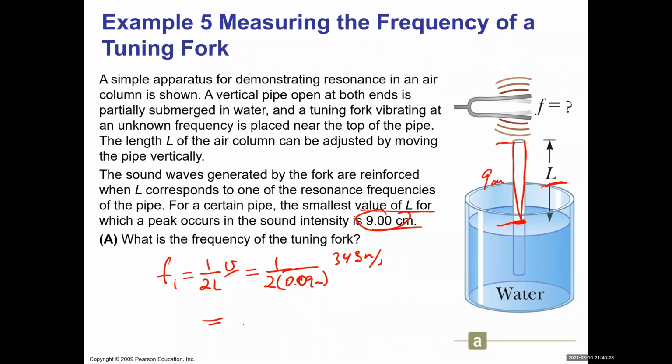If I calculate the frequency, I should get 953 hertz. For the first harmonic, the sound oscillates at 953 hertz. That means this tuning fork has a frequency of 953 hertz, because once you hit it with the mallet and put it next to the open end, the sound has the same frequency as the tuning fork.